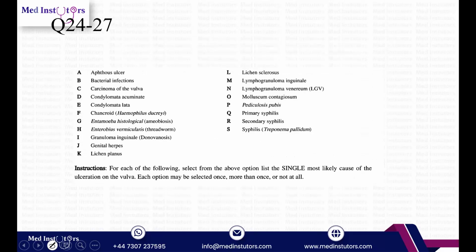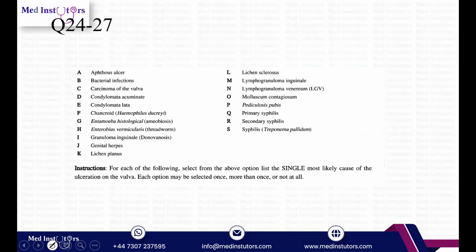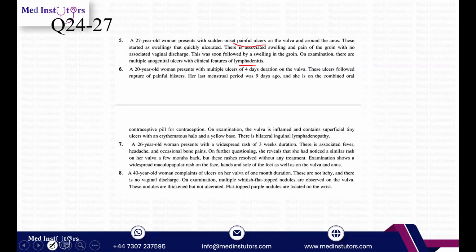Painful ulcer and is the lymphadenopathy painful? It's chancroid. Okay, Dr. Hassan says chancroid. Dr. Husni also says chancroid, caused by Haemophilus ducreyi. You guys are right. It's F, chancroid. Painful ulcers with lymphadenopathy.